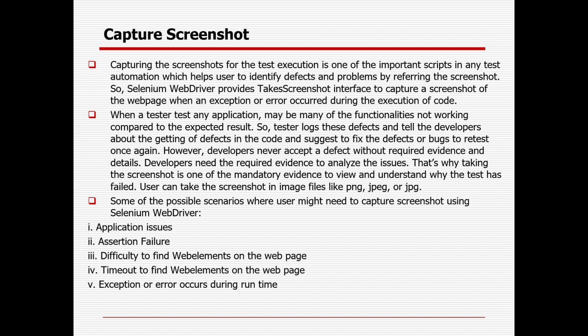If it is a non-technical person, they do not know anything about the application or programming. Then how can they work on that? If you provide the proper steps with a screenshot, they can easily identify the problem that is happening. So that is the reason taking a screenshot is one of the mandatory pieces of evidence to view and understand why the test has failed.